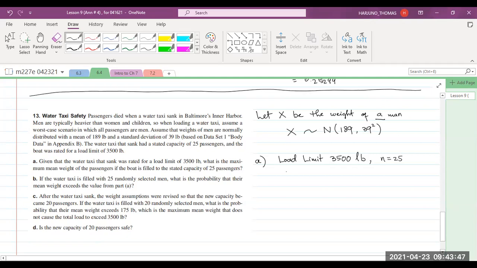So what is the maximum mean weight? That will be 3,500 divided by 25. That will be 140.